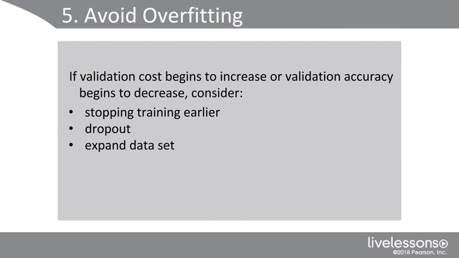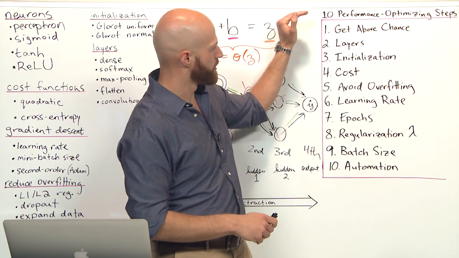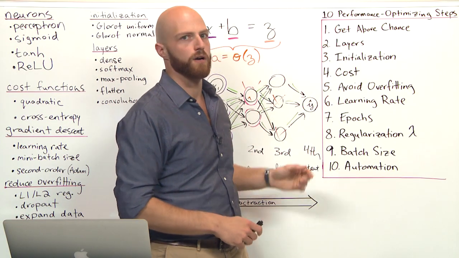You can expand your data set, for example, by adding noise to the data or moving images around. And of course, you can regularize in your layers. You can penalize large weights with L1 or L2 regularization. After clearing these top 5, we can have a look at our learning rate.